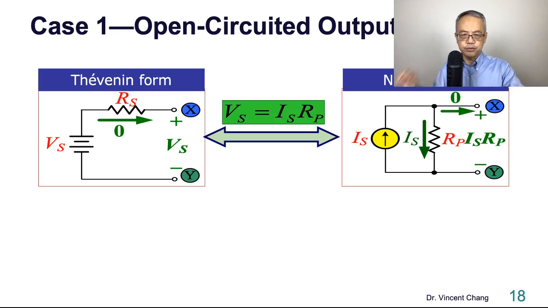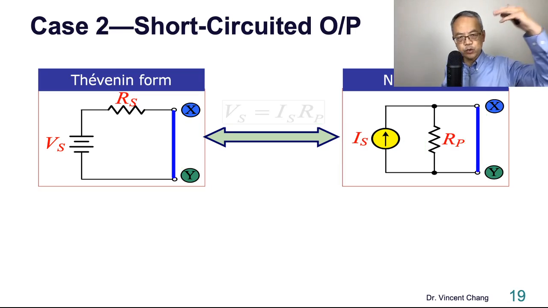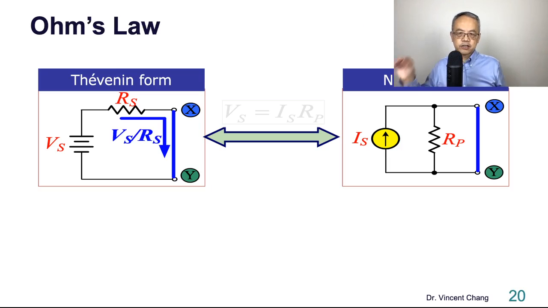What about case 2, short circuited output? The green analysis represents the first case. For the second case, we use another color, blue. When the output is short circuit, the short circuit output current equals Vs divided by Rs on the left. What about the current on the right?